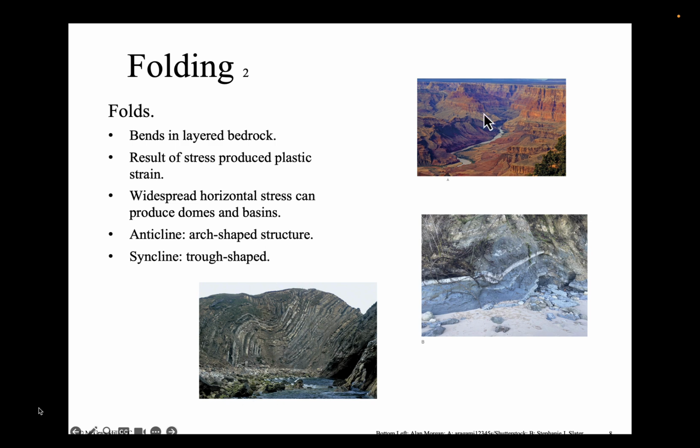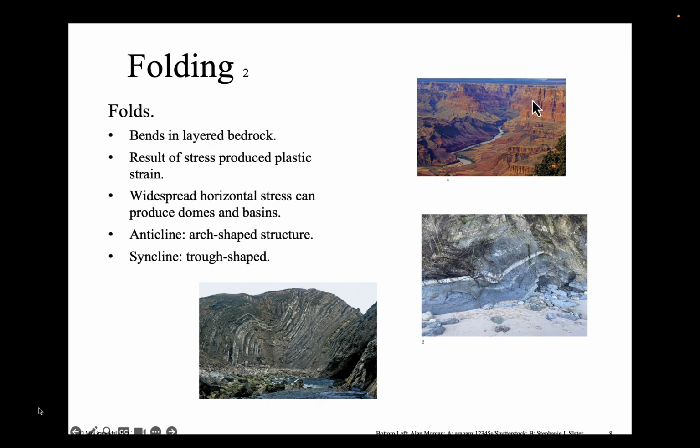Okay, so the Grand Canyon, for instance, is not a type of folding, but just an example of how sediments are usually deposited in flat layers, in horizontal layers, like we said. But sometimes what can happen is this folding of those layers, causing a structure like this.